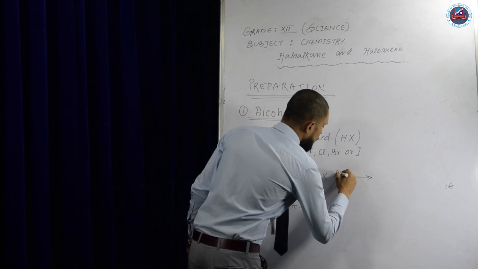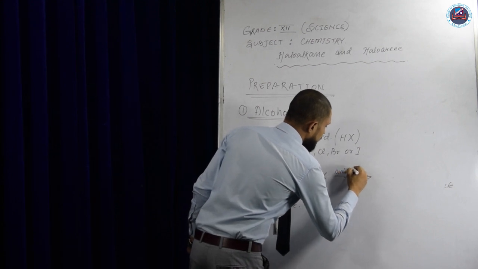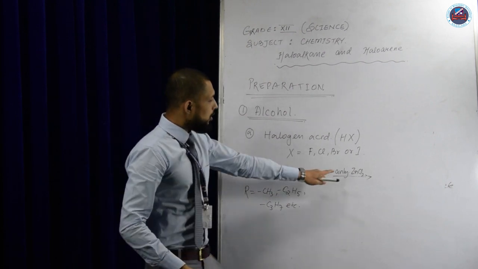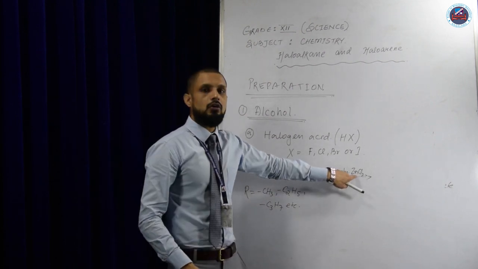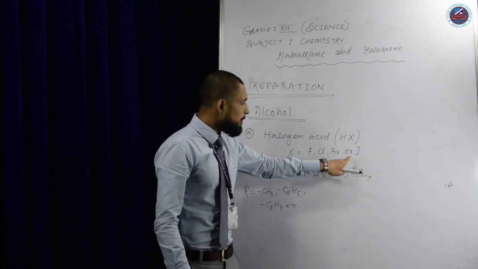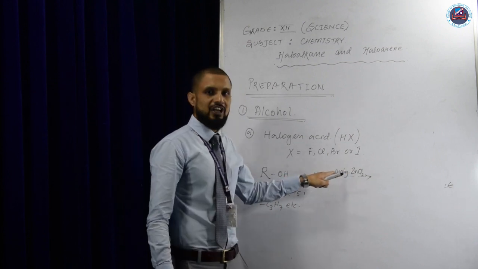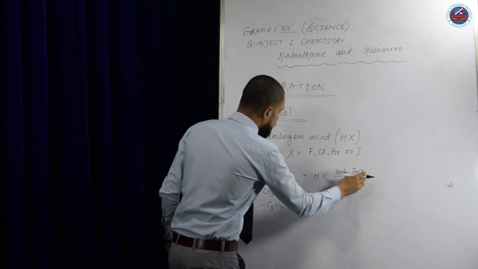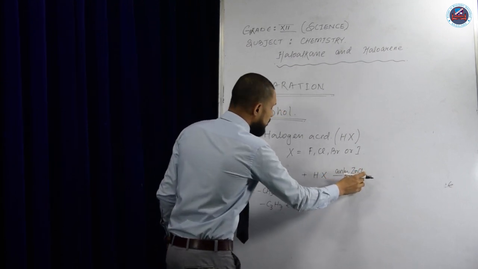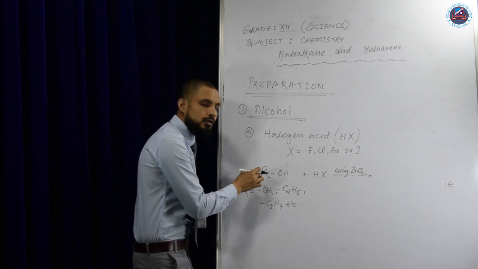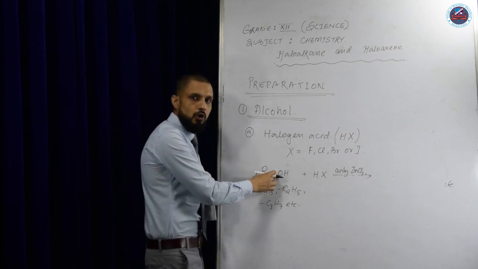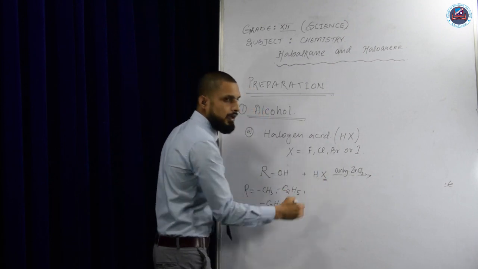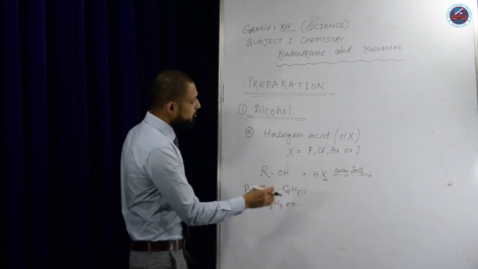in presence of anhydrous zinc chloride. Now, this anhydrous zinc chloride is very important. In absence of this, the reaction will not take place. Now, why is it important? This anhydrous ZnCl2 will help in breaking the carbon-oxygen bond, so that OH is replaced by X. So, it's a very simple reaction.